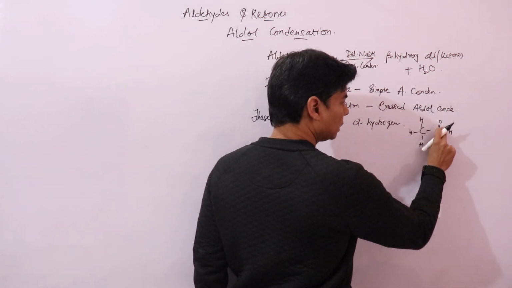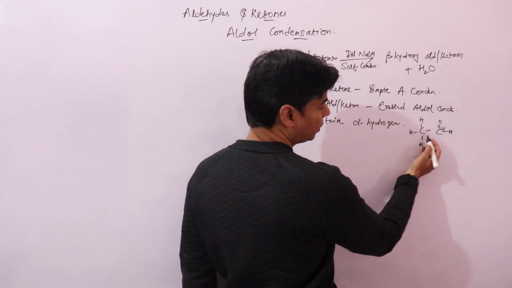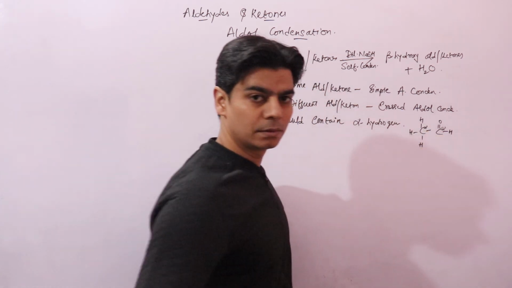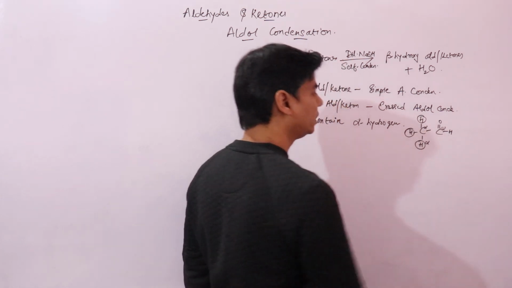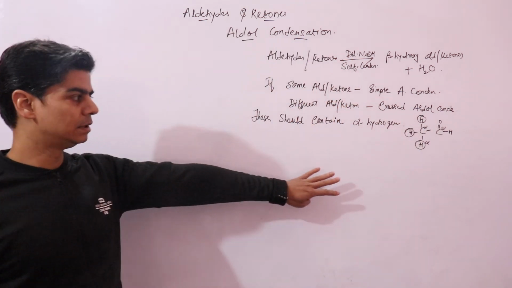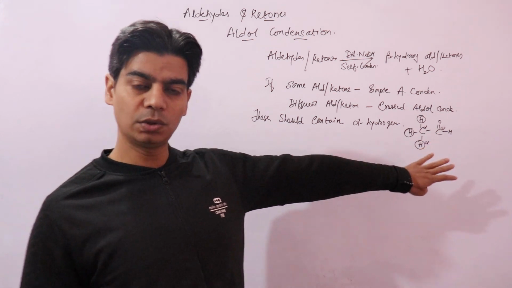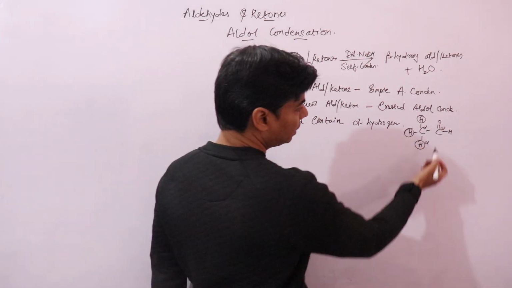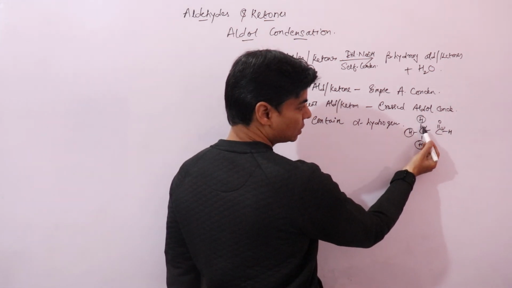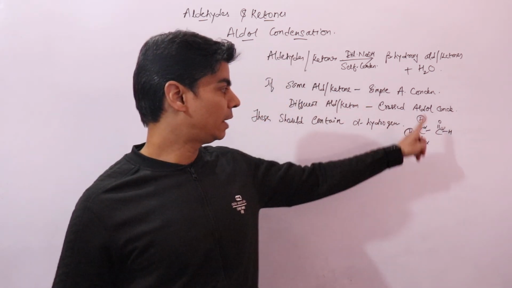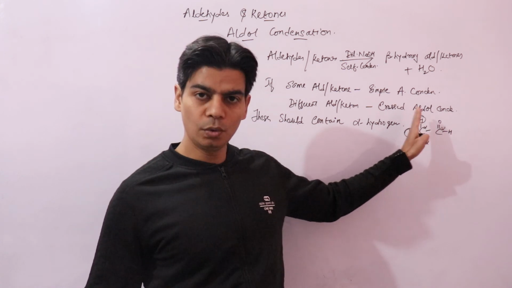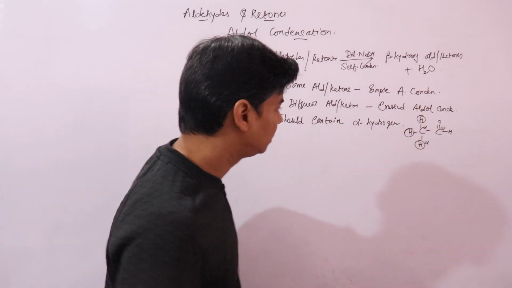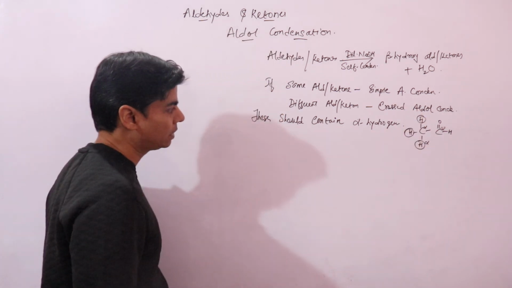The carbon which is next to carbonyl carbon is your alpha carbon, and hydrogen atoms attached to it are your alpha hydrogens. So only those aldehydes and ketones that contain hydrogens attached to alpha carbon, which are alpha hydrogens, will undergo aldol condensation. What they do in the reaction, we'll see that while doing the reaction.